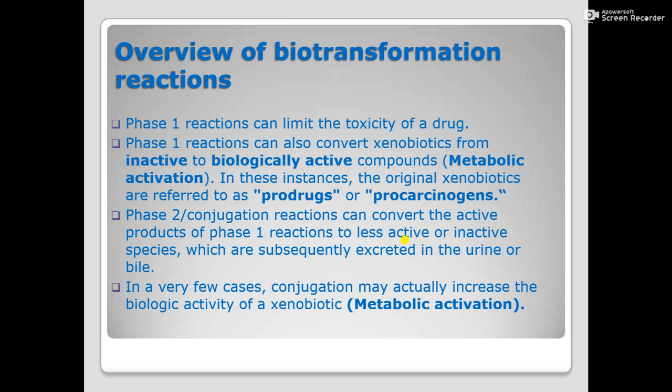In a very few cases, conjugation reactions may actually increase the biological activity of xenobiotics, and metabolic activation occurs. The same case is with antibiotics. So metabolic activation occurs in few cases.